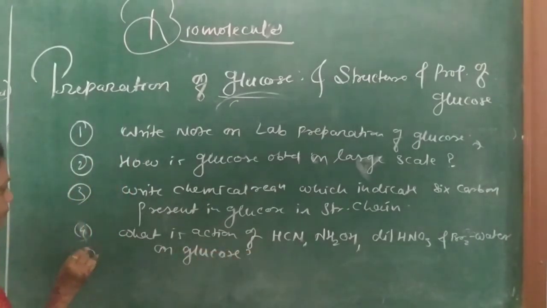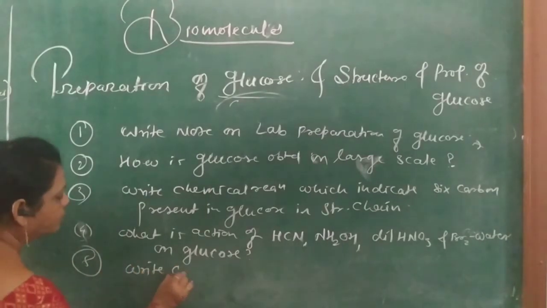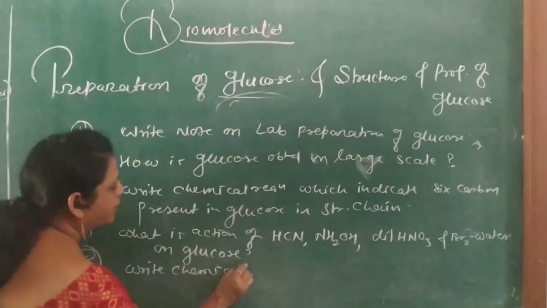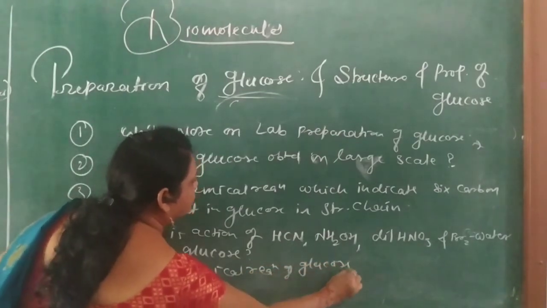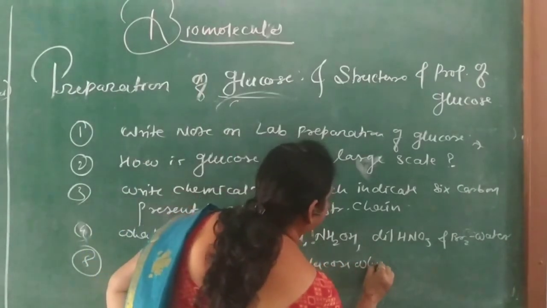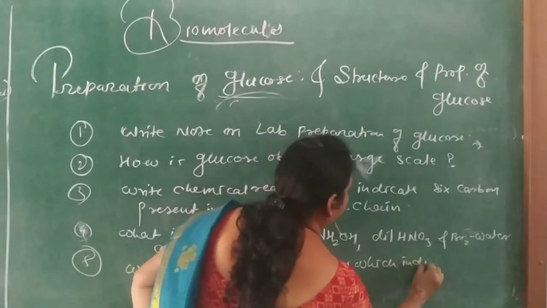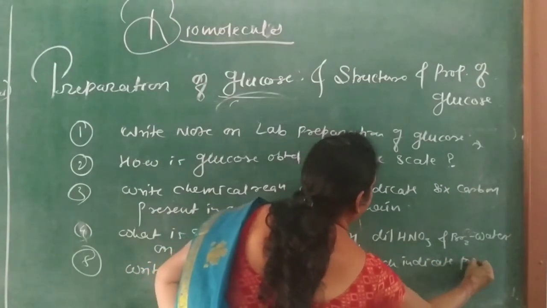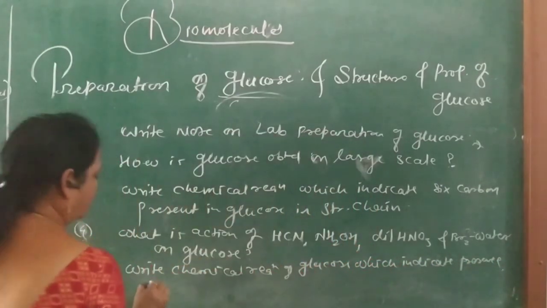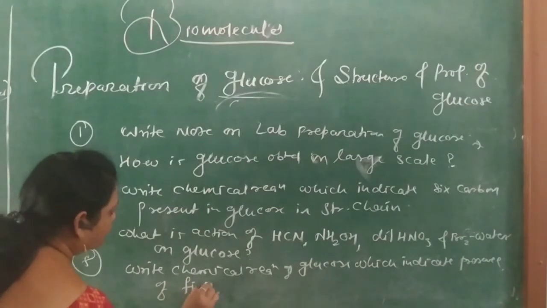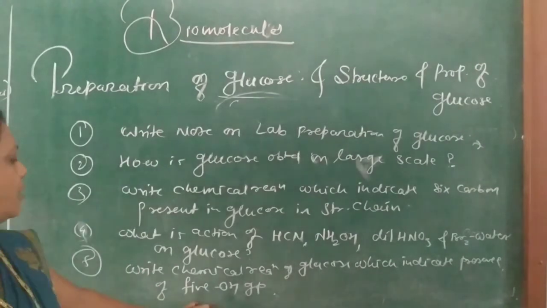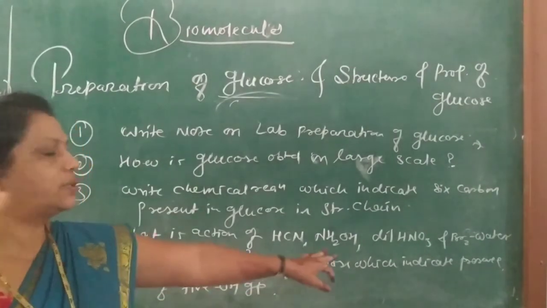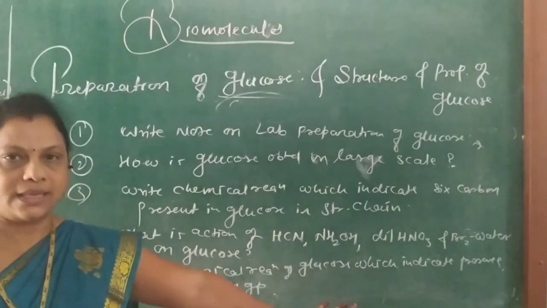Okay, and fifth one, again write chemical reaction of glucose which indicates presence of 5 OH groups. Means action of acetic anhydride or acetyl chloride on glucose, that is to form the glucose pentaacetate. Okay.